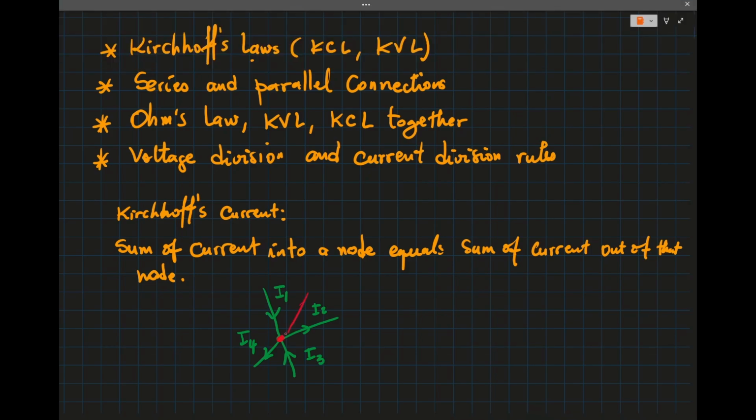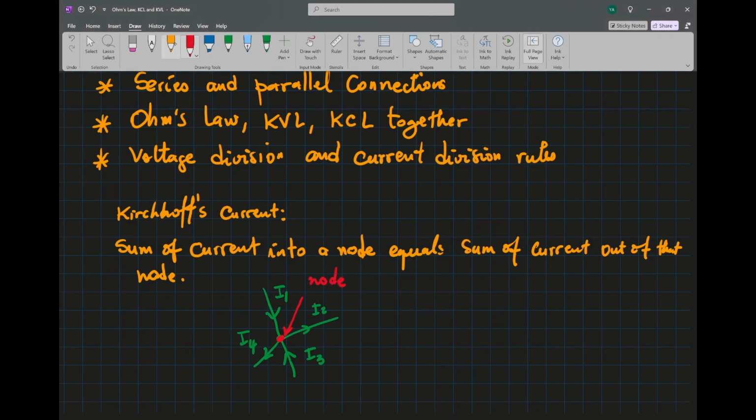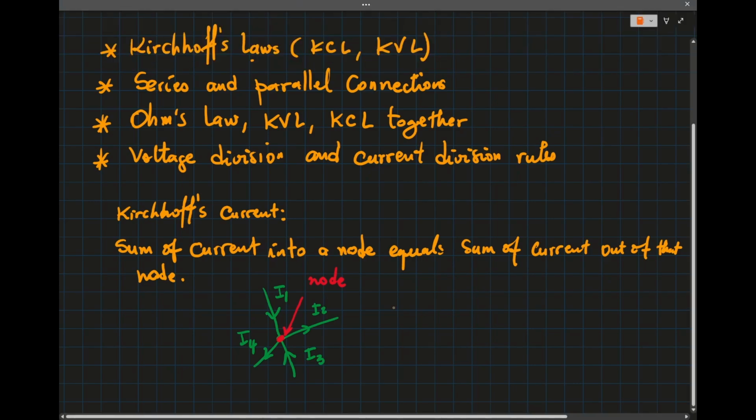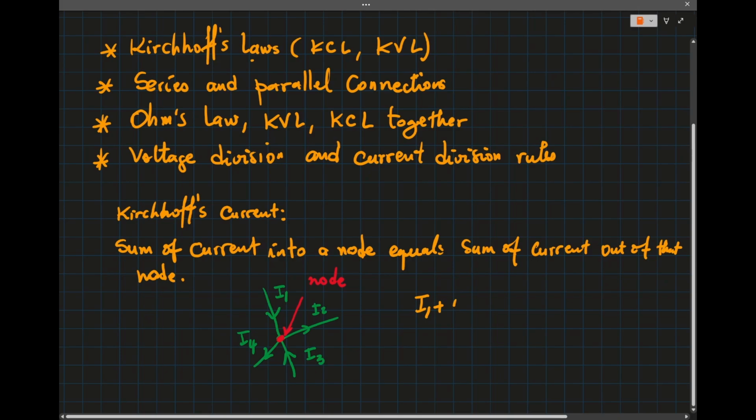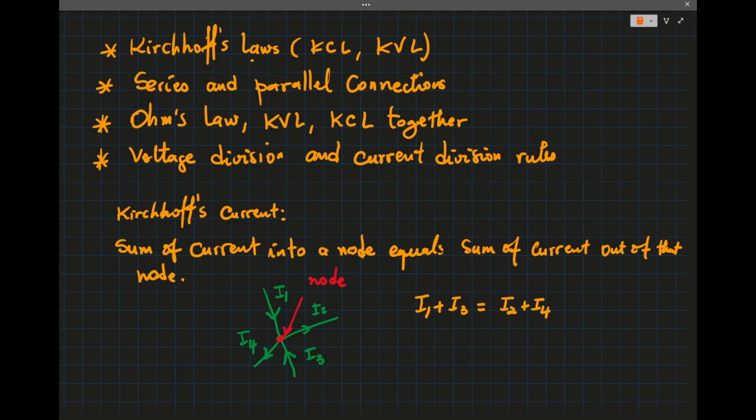So for this node, the currents flowing into the node are I1 plus I3, and the currents flowing out of that node are I2 and I4.